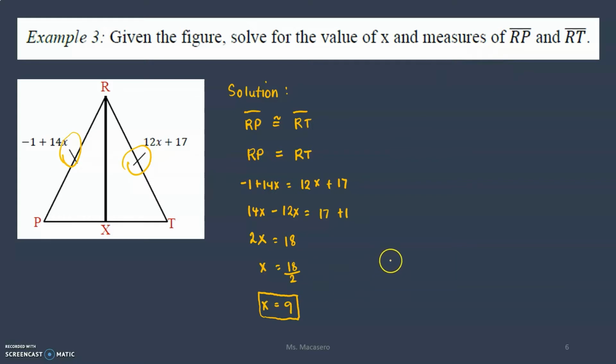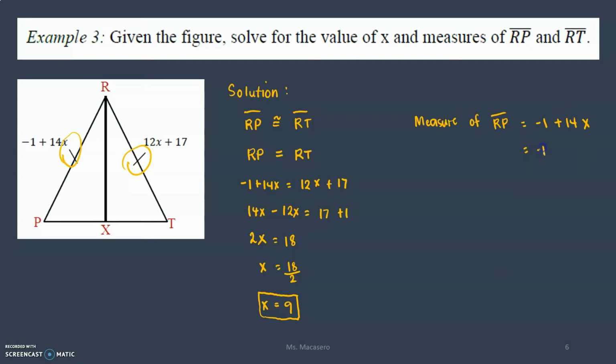So solving for the measures of segment RT and RP, of course, we need to just substitute our value of x. So RP here is -1 plus 14x.